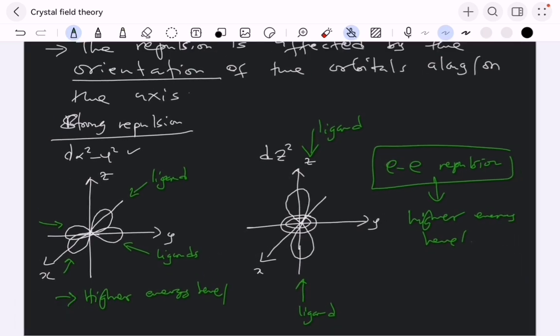Because of that, electron density results in a repulsion, and therefore the splitting will favor these two orbitals to be found on the higher side in terms of energy, and the other three will be found on the lower side.